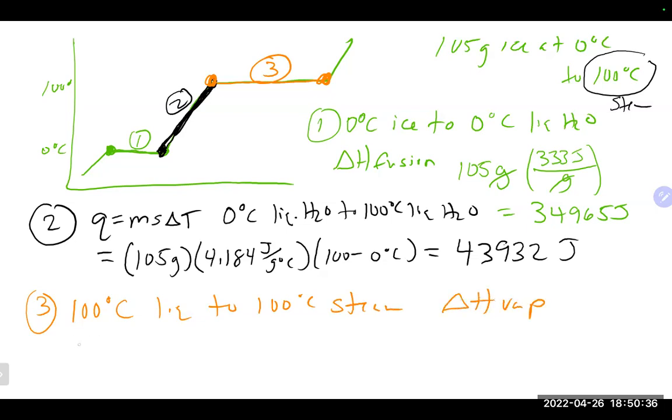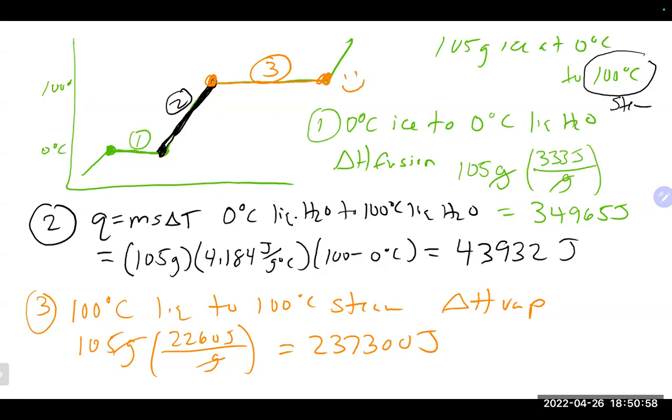Again, you would use the value for water, which is roughly 2260 joules per gram. That gets you 105 times 2260, around 237,300 joules. I am now where I want to be, right?